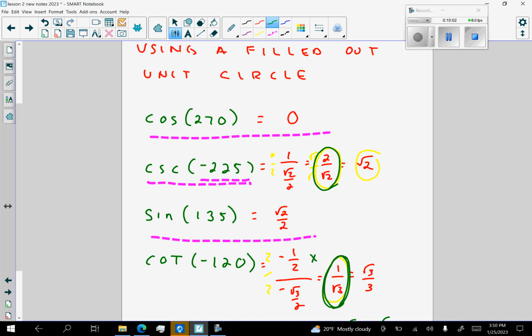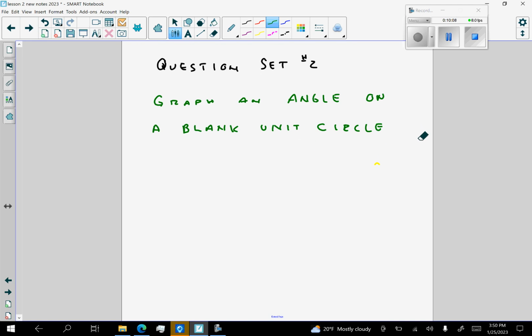Set B will look like this. Set B, we want you to be able to graph an angle on a blank unit circle, a non-special angle. And what I mean by a non-special angle is an angle whose measure is not a multiple of 30, a multiple of 45, or a multiple of 60.